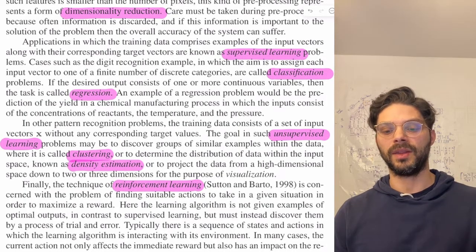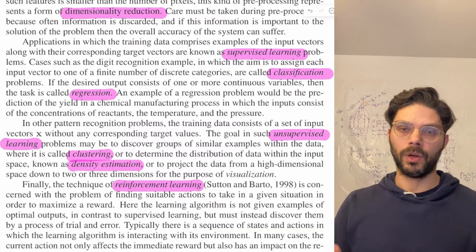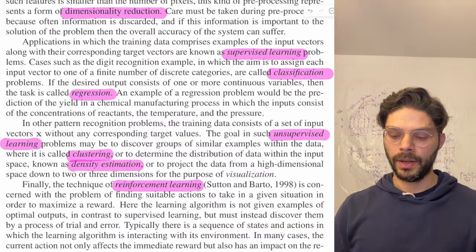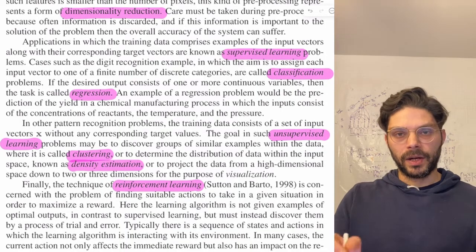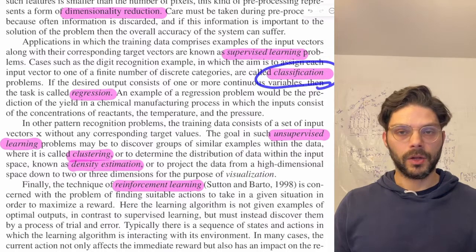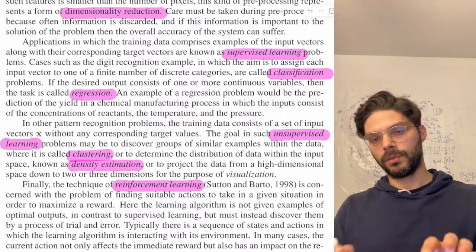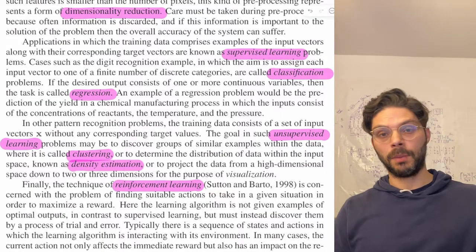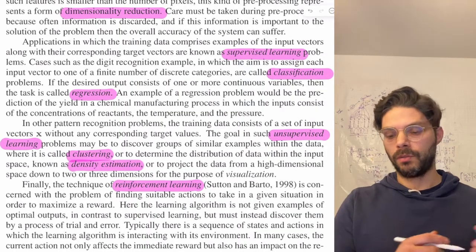So it's supervised in that someone, a supervisor, has given you a label for every one of the elements in your data set. Now, the type of problem we've talked about, where you have a discrete number of categories you choose from, that's typically called classification. So you're classifying those handwritten digits into a number from 0 to 9. There might be pictures of birds, and you want to tell which kind of bird it is.